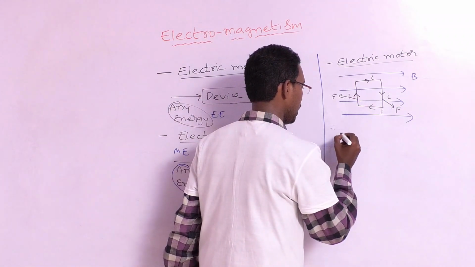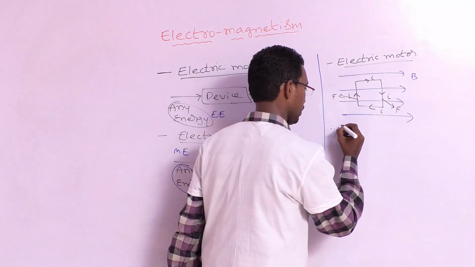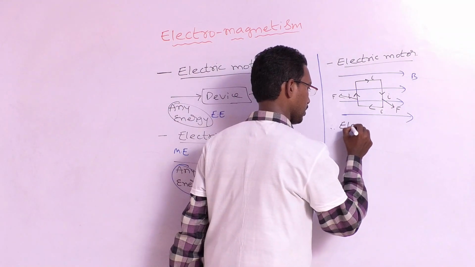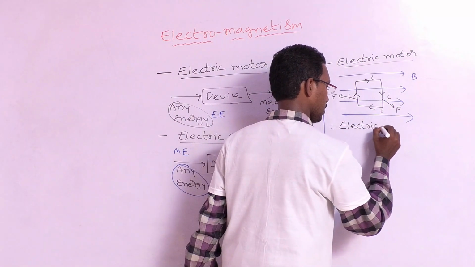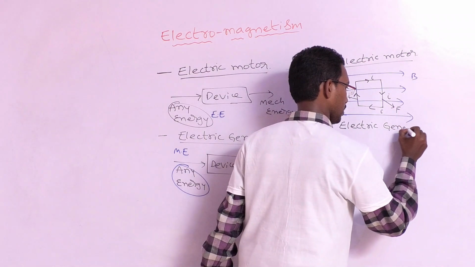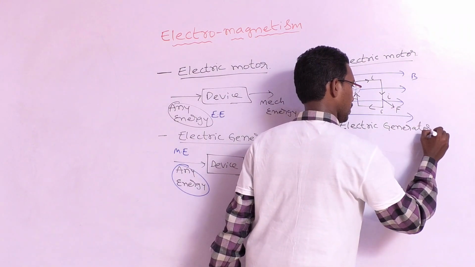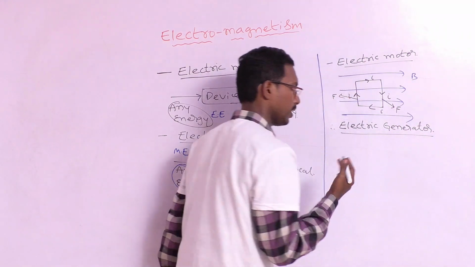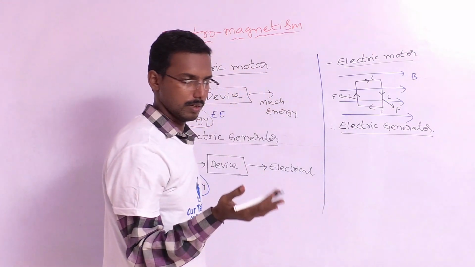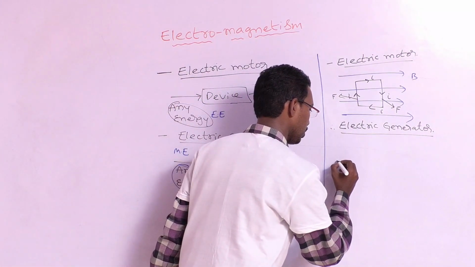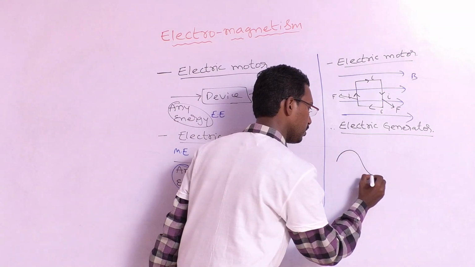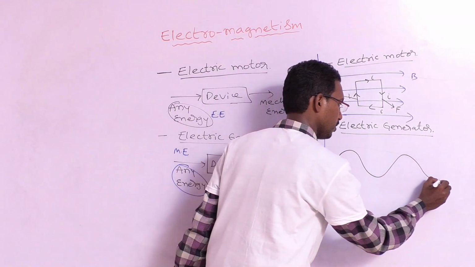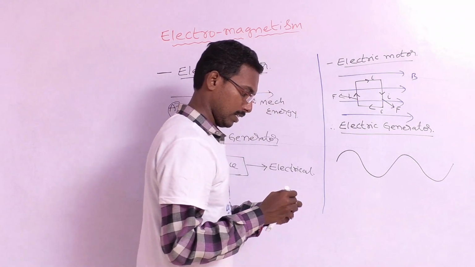And finally we will deal with electric generators. In an electric generator, a diagram is there, which you can follow in your textbook. The output is known as AC output.